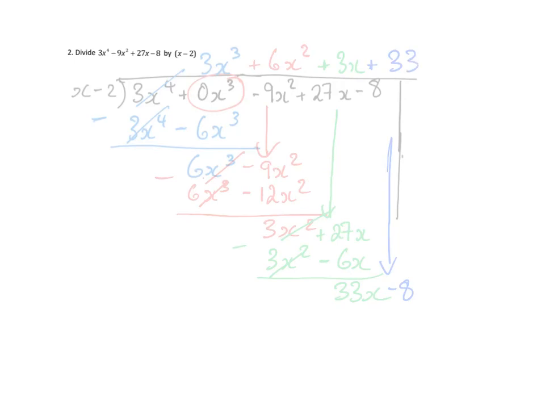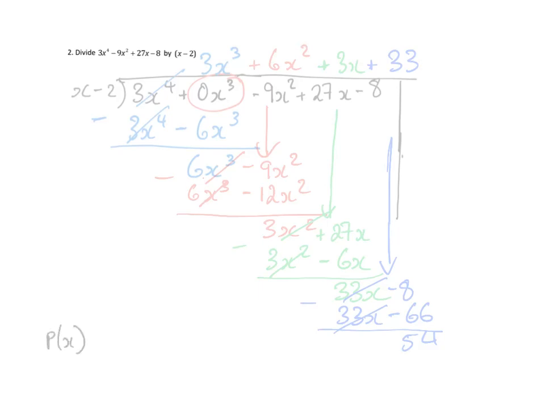All right, so 33 times x is 33x. 33 times minus 2 is minus 66. And of course we subtract, and those two cancel out. And you have minus 8 minus minus, so plus 66 gives you 54.